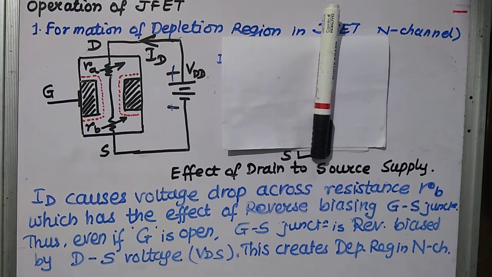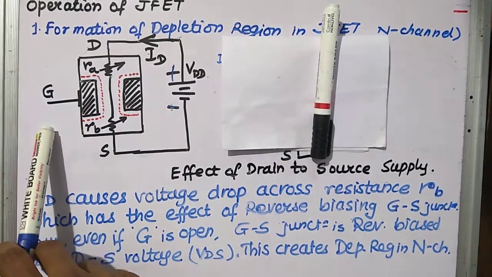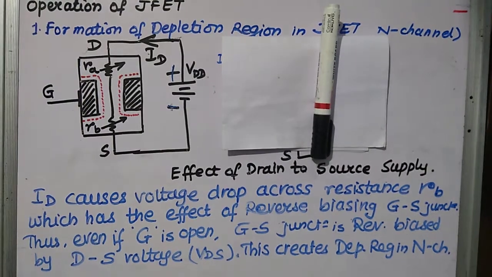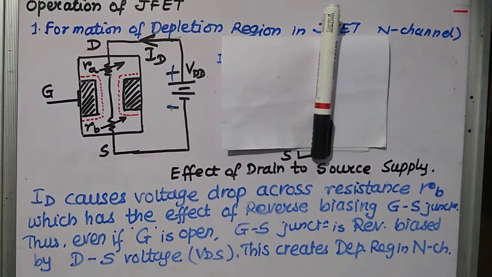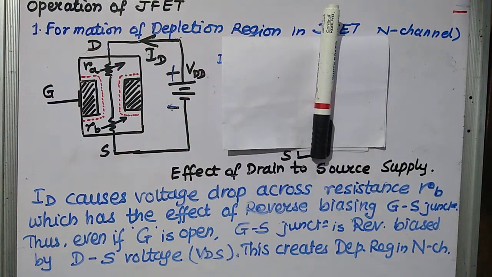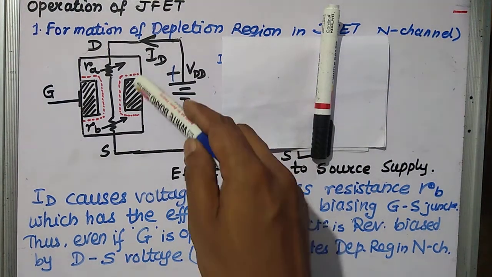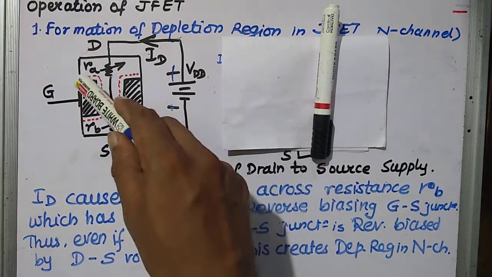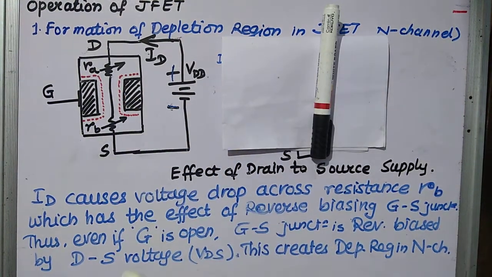I repeat again, even if the gate terminal is open, the gate to source reverse bias is achieved. It is achieved by the drain to source voltage, and thus a depletion region, indicated by a red dotted line, is formed in the N channel.